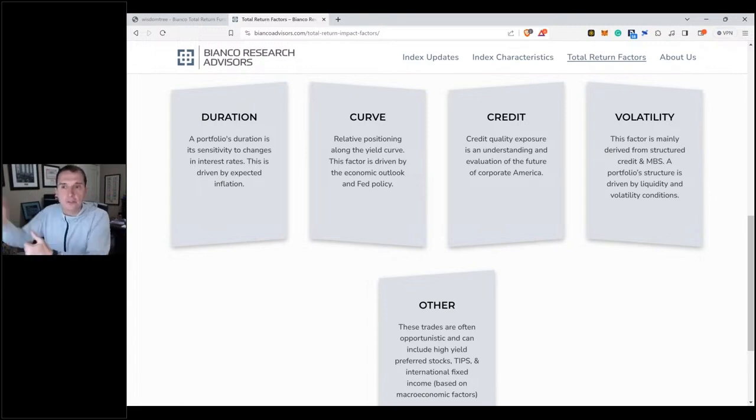Bianco Research has an investment committee that runs the Bianco Research Total Return Index. S&P is not an ETF business. Everybody that has an ETF that tracks the S&P 500, BlackRock, Vanguard, Wisdom Tree, on down the line, they're in the ETF business. We are not in the ETF business. Wisdom Tree is in the ETF business for us. So that's analogous to what we've done.